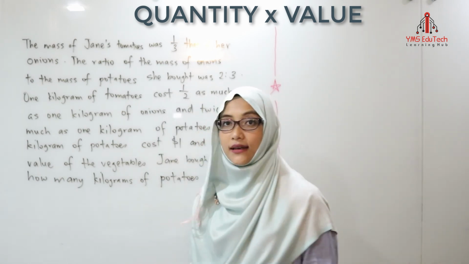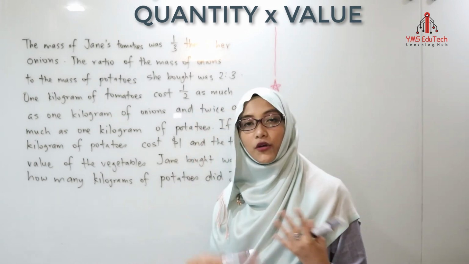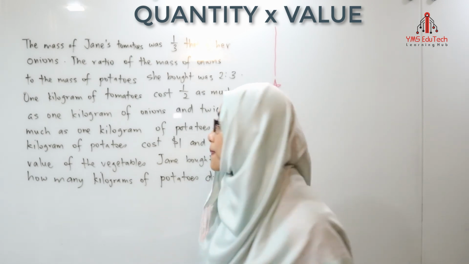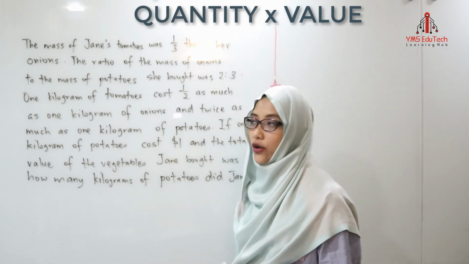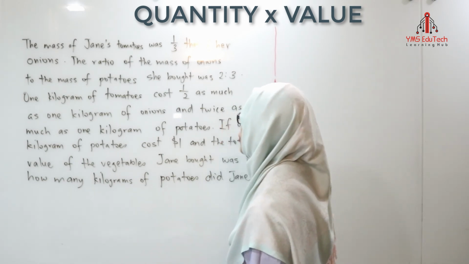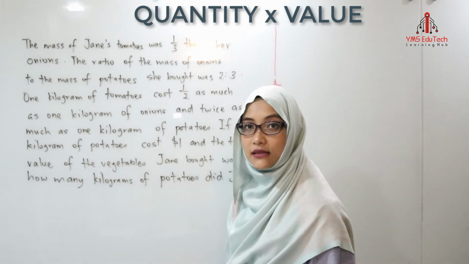Let us take a look at one story sum. The first time round, we're going to read the whole question to prime our brain, to prepare our brain for what we are going to solve later. The mass of Jane's tomatoes was 1/3 that of her onions.